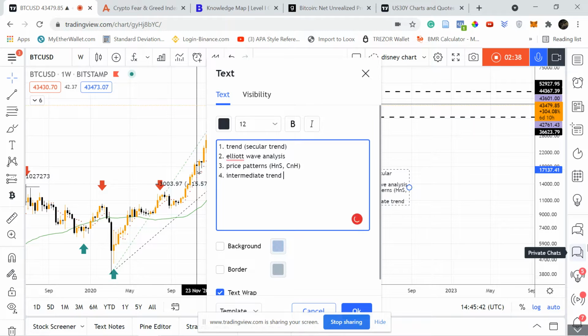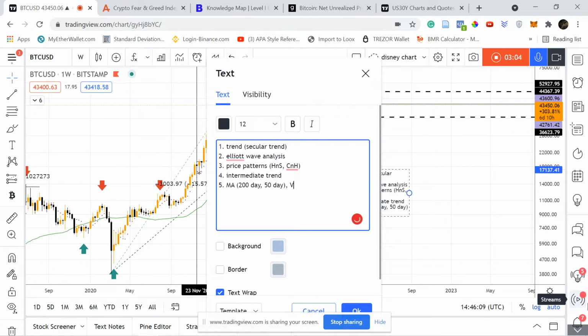If it's in line with the overall structure, so if it's in line with the secular trend, then I look at moving averages. I usually use the 200 day or 200 week moving average, the 50 day, and also I like to use the volume weighted average.